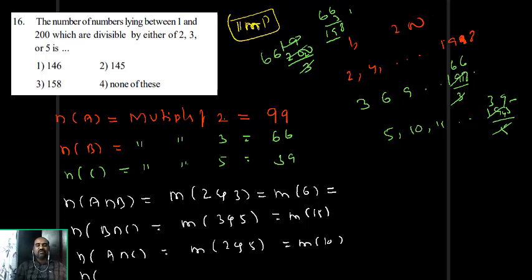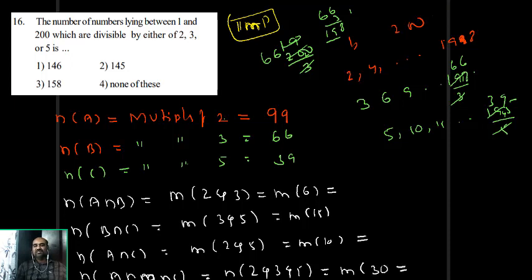After that, I want to find A intersection B intersection C: multiples of 2 and 3 and 5, that is multiples of 30. I should find all these.